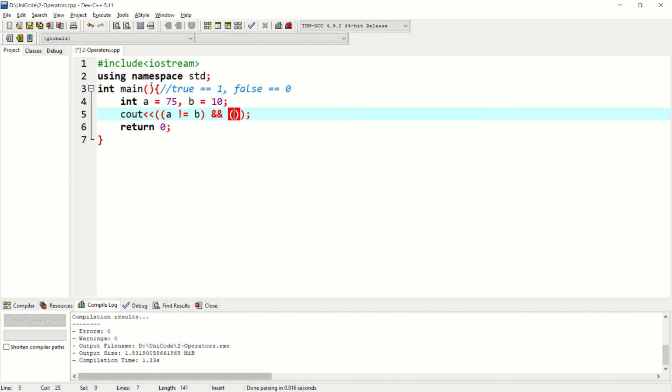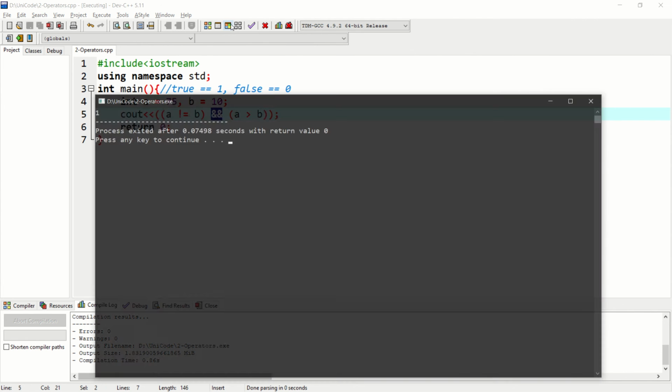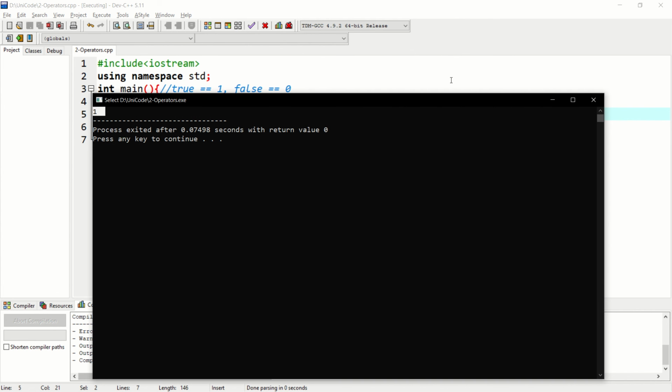Okay, so if I write here a is greater than b, and both conditions are true, then and will give true. Even if one of the conditions is false, then the and operator will give us a false as an output. Even if we run it here, it will give an output as 1.